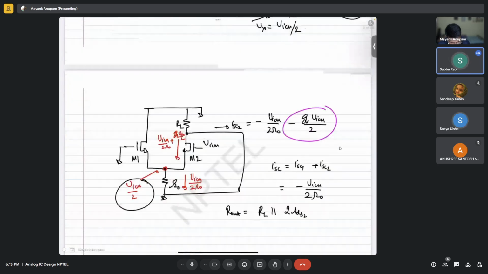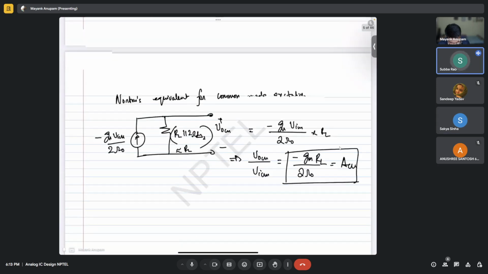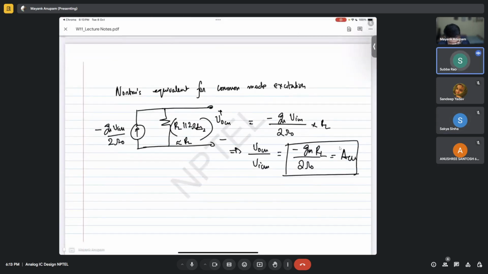Okay, it's from page number 5, I think. Yes, page number 5. GM RL by 2 R naught is wrong. It is not correct. This is dimensionally incorrect. The gain cannot be this much.